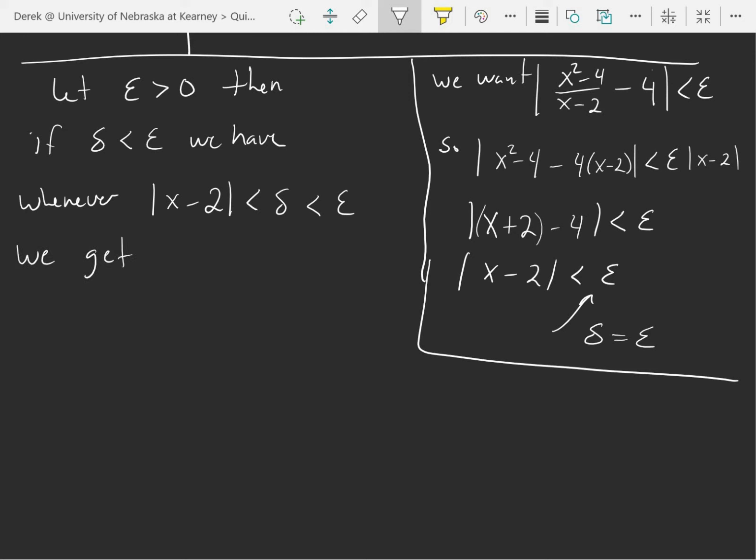We get x plus 2 minus 4, still less than epsilon, multiply everything by the absolute value of x minus 2.